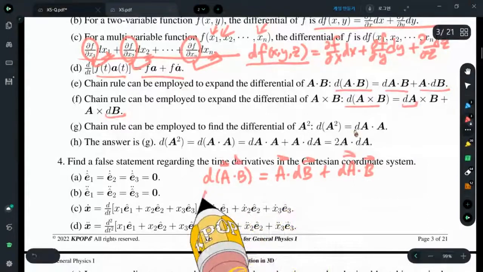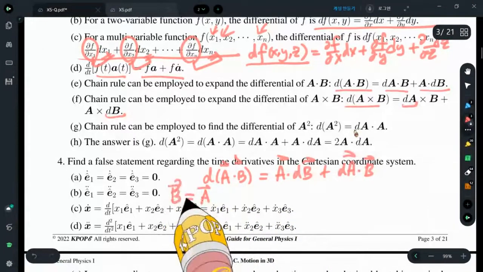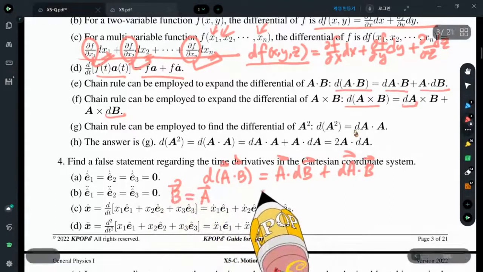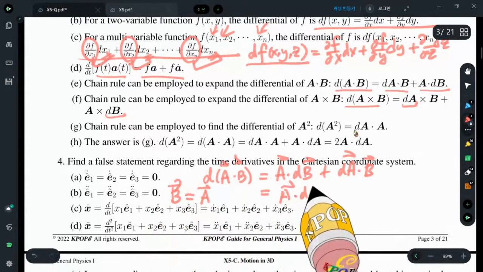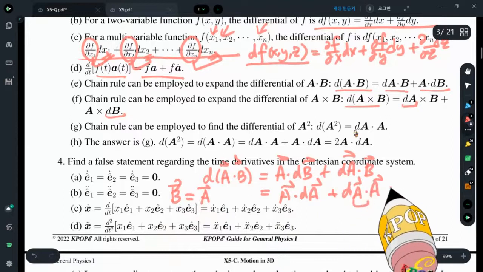In that case, if I substitute A for B, then it is A·dA plus dA·A, and they are commutative.